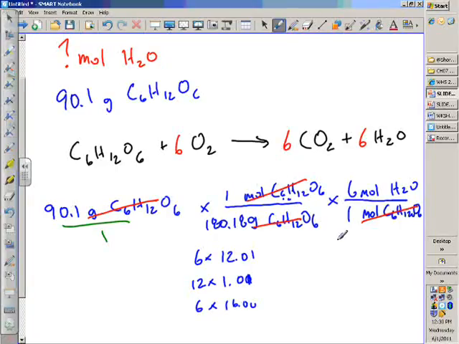So units-wise, everything cancels except for what? Moles of water, right? And that's what we're looking for. So now, multiply 90.1 times 1 times 6 divided by 1 times 180.18 times 1.